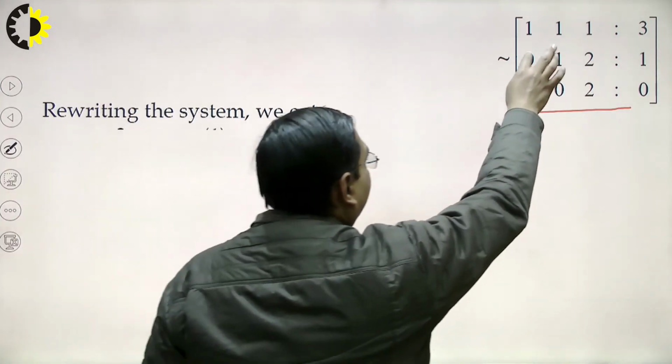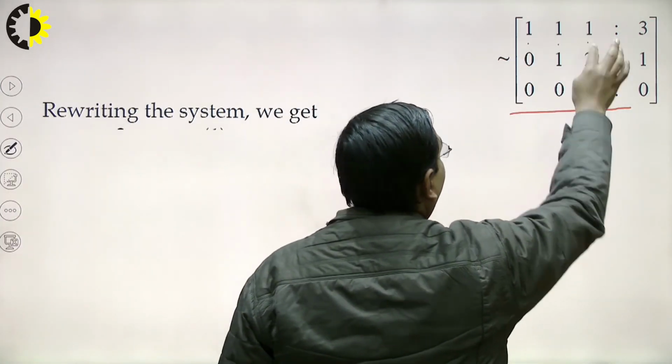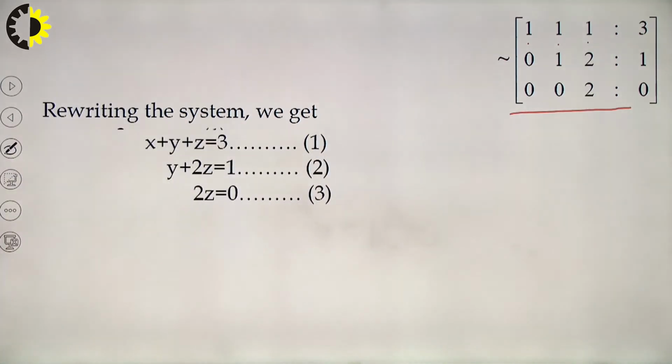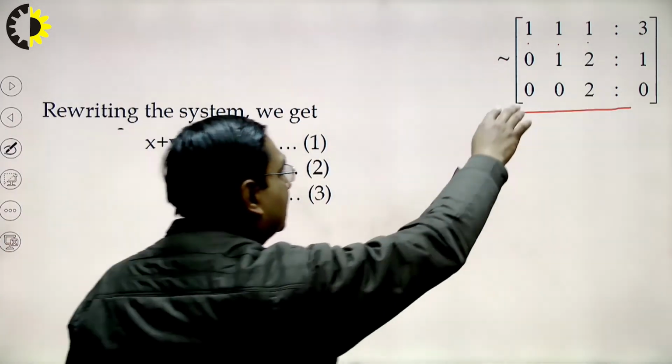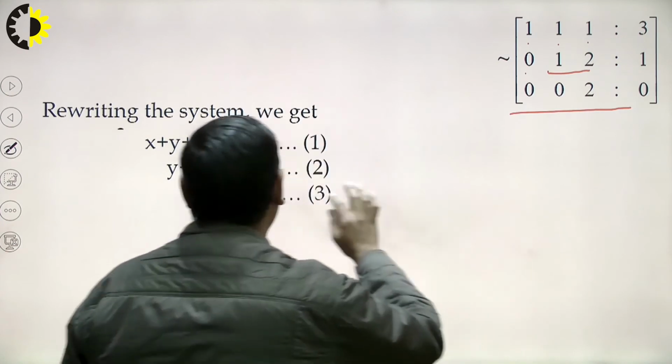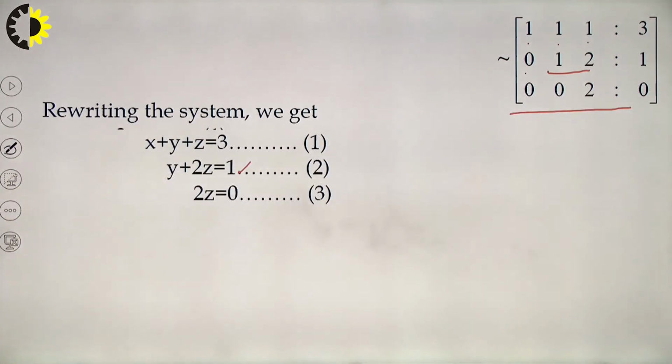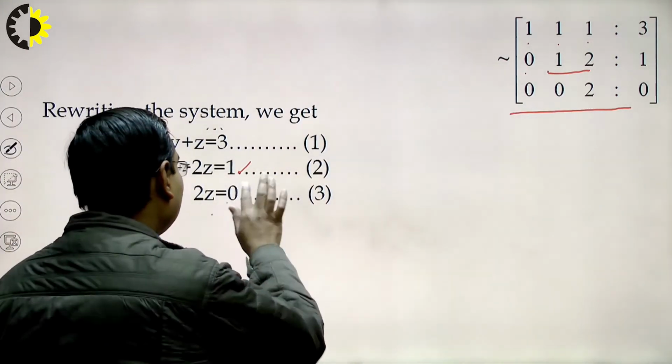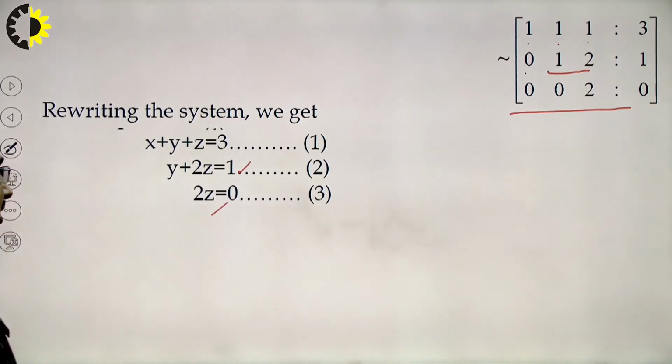First equation will be 1x plus 1y plus 1z equals to 3. Second equation will be 0x plus 1y plus 2z equals to 1. Third equation will be 2z equal to 0. Thus, these 3 equations are obtained in terms of x, y and z.